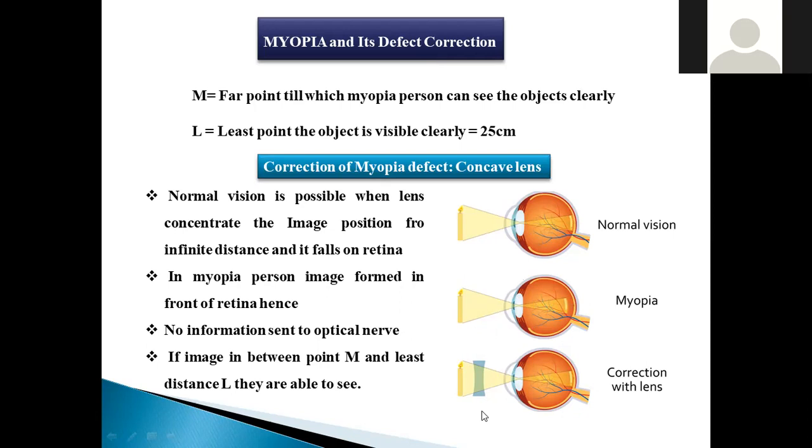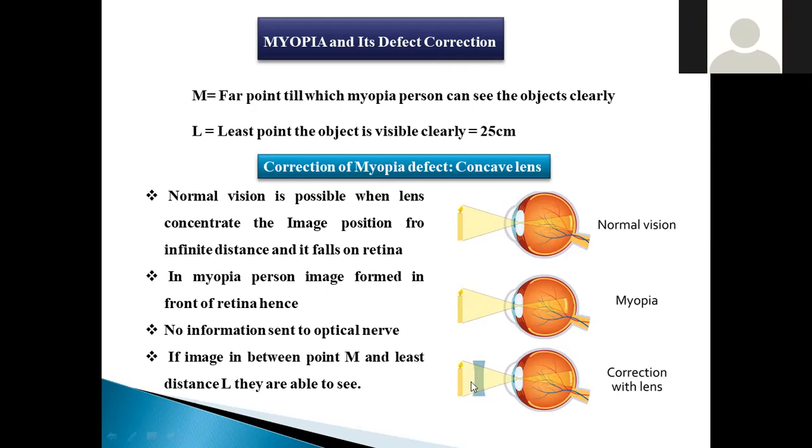And in order to correct this myopia, we are inserting a concave lens. The concave lens is the additional support, because in general the human eye should do this thing, but here, because of its deformation, we are taking external aid, that is the concave lens. The concave lens is kept between the object and the human eye.